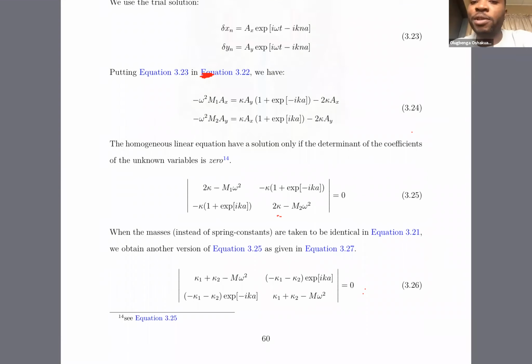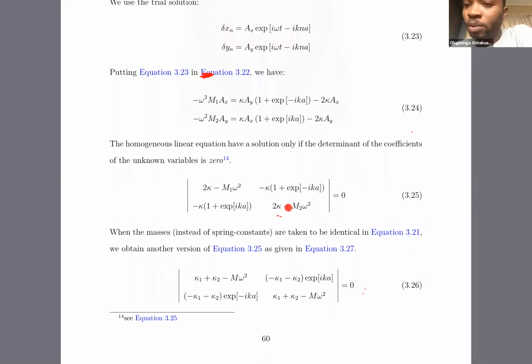When you look at this carefully, you'll notice the coefficients of AX are in this column, while the coefficients of AY are in this column. When you check this particular expression, this is the coefficient of AX, and this is the coefficient of AY. And in this equation, this is the coefficient of AX, and this is the coefficient of AY.